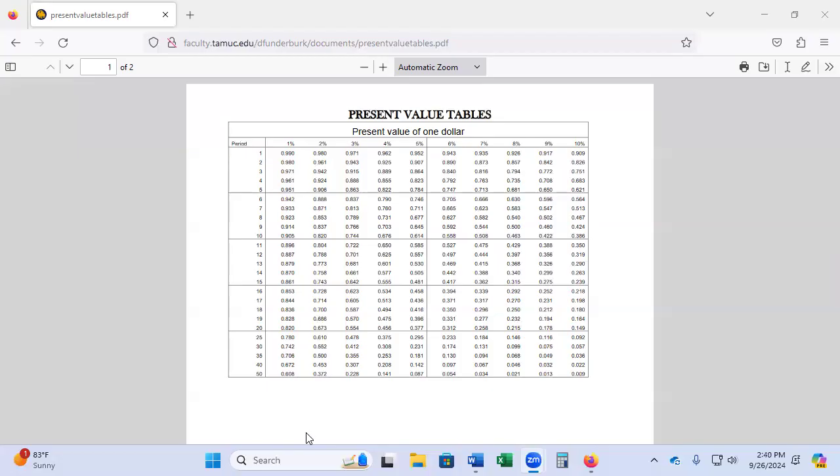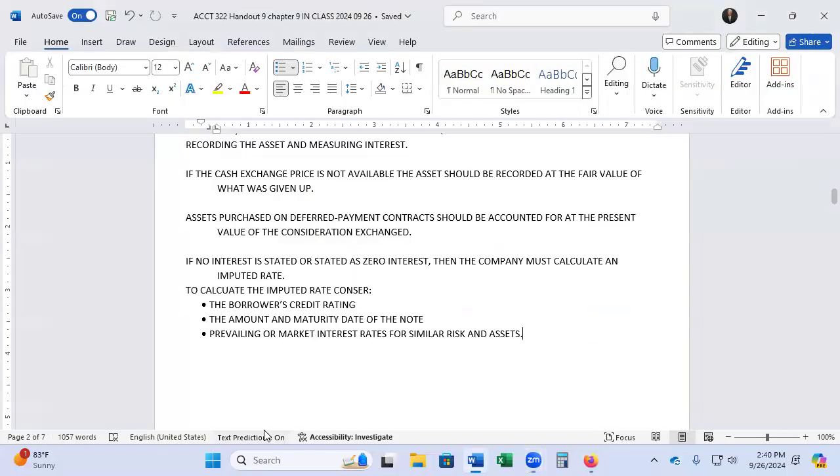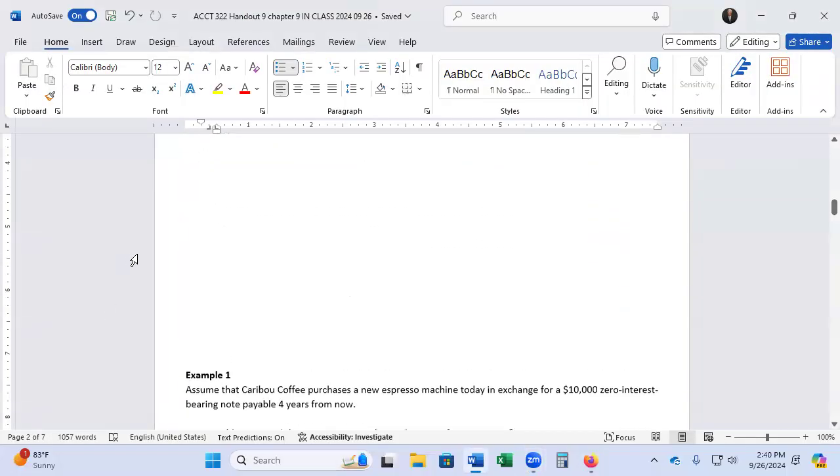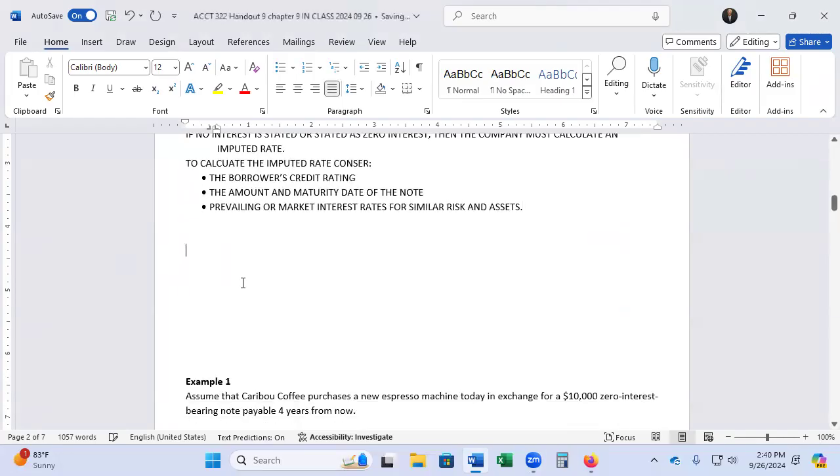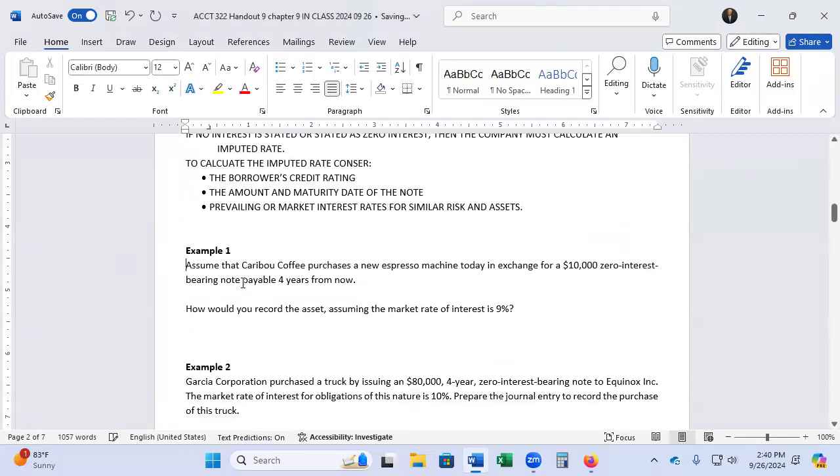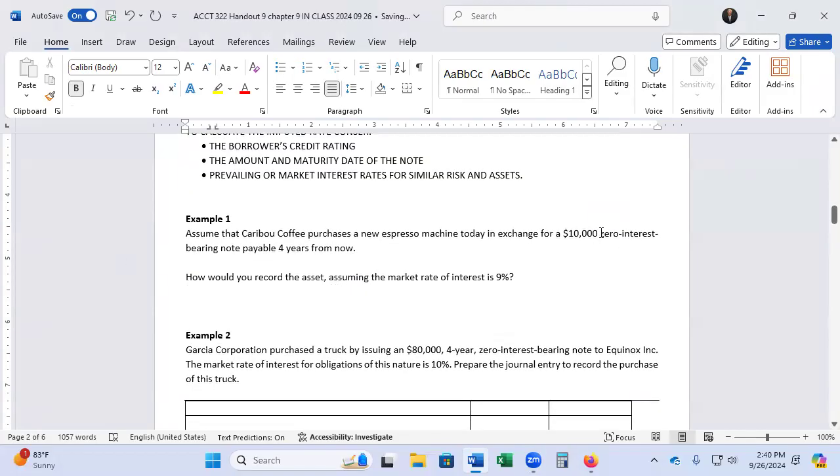But we're going to use these tables, or tables that are similar in your textbook, for present valuing our assets. So we can take a look at example one. Assume Caribou Coffee purchases a new espresso machine today in exchange for a $10,000 zero interest bearing note payable 4 years from now. How would you record the asset assuming the market rate of interest is 9%?